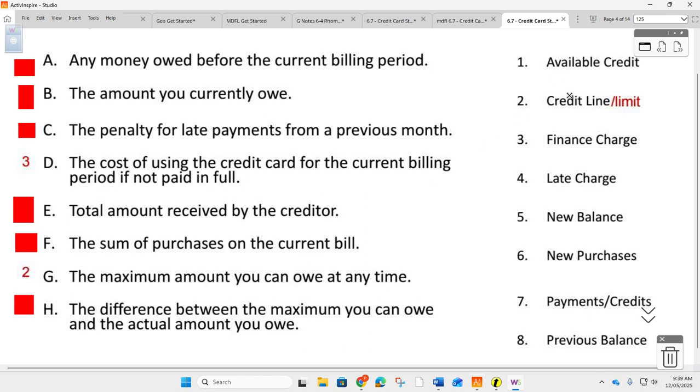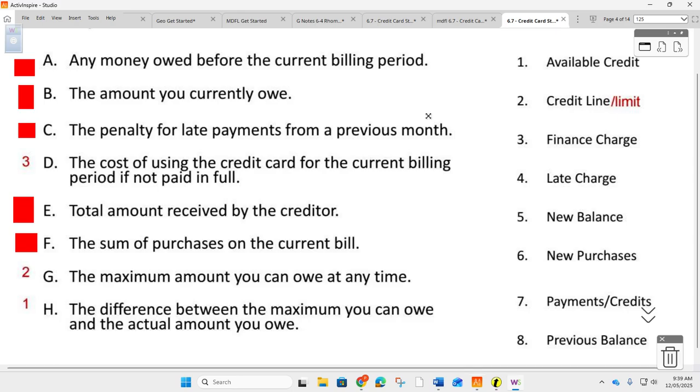I know where you get that, though, right? So it is related to the credit limit. So this is the maximum amount you can owe at any time. The available credit, let's look over here. It's the difference between the maximum amount you can owe and the actual amount you do owe. Even getting them wrong still helps you remember them. Sometimes getting them wrong will help you remember more.